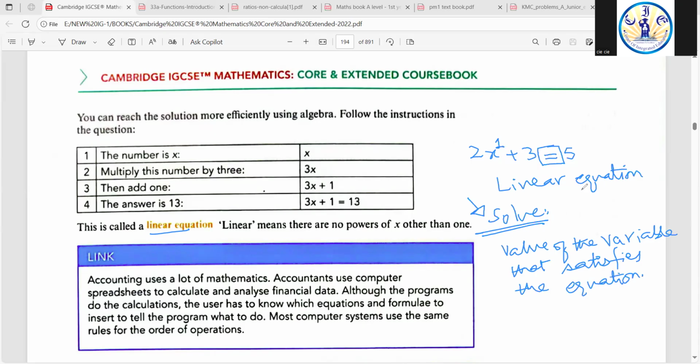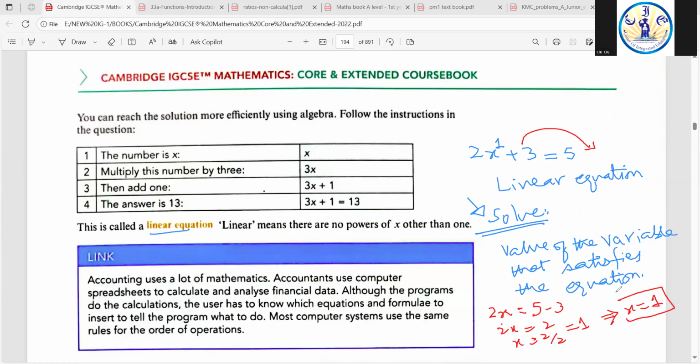For example, from the above equation, if we solve it using algebraic techniques, I need to shift this 3 to the other side of the equality, and that would be 5 minus 3, that is 2. And now shifting this 2 to the other side, it will get divided. 2 divided by 2, that is 1. So the value of the variable x is 1.